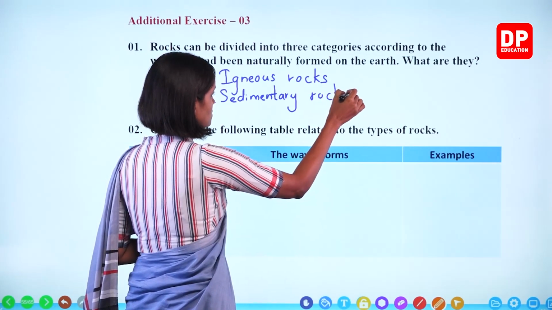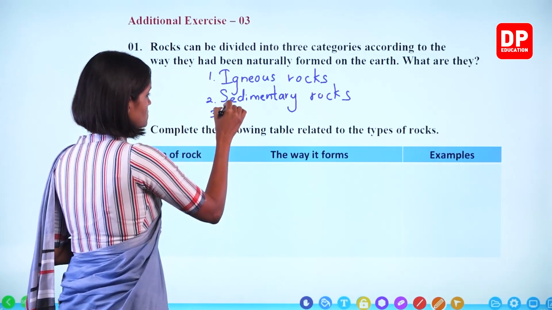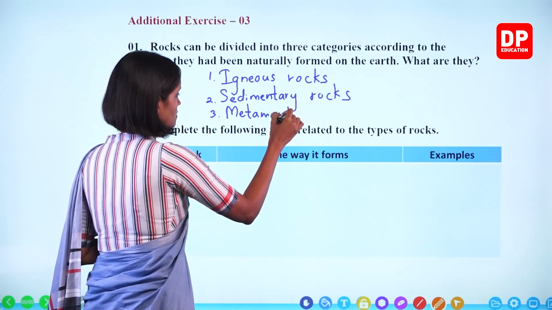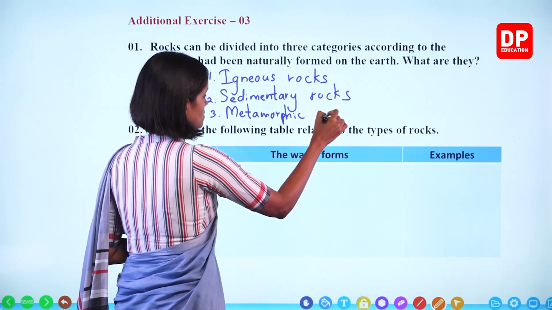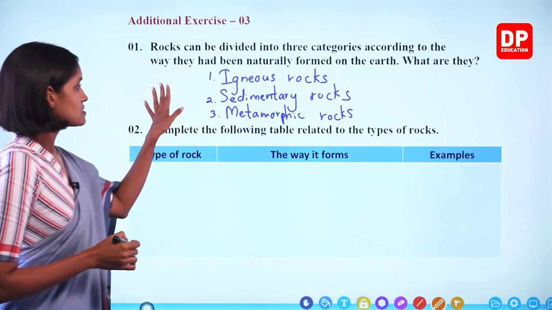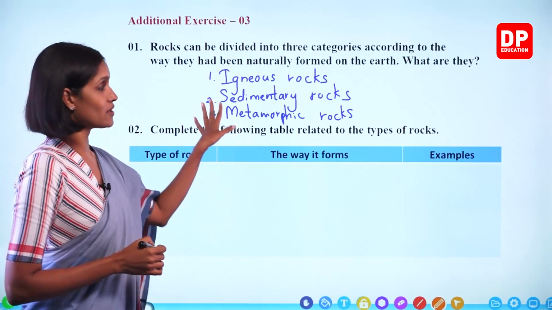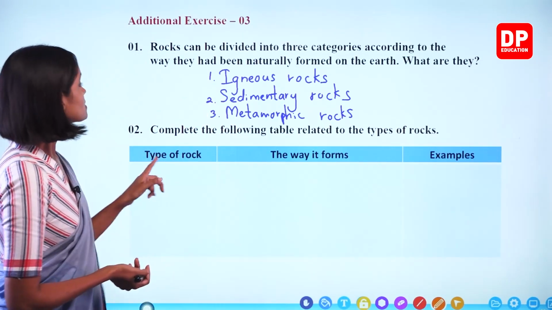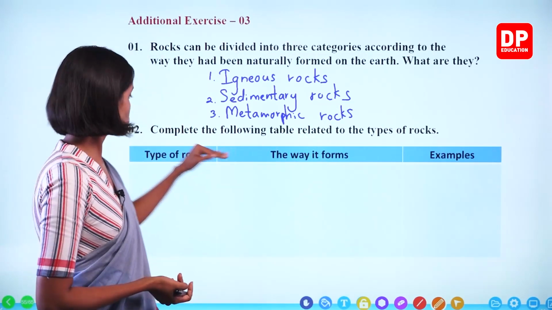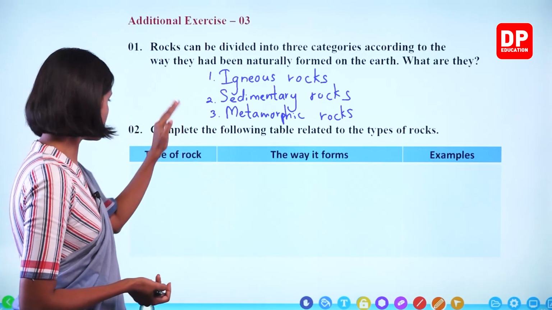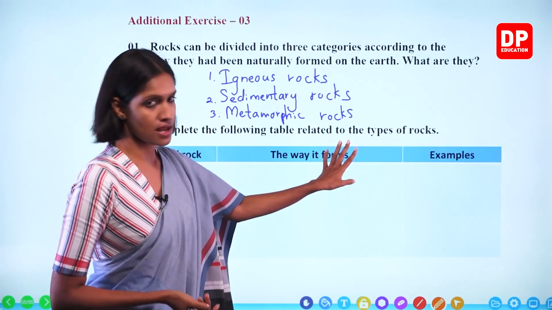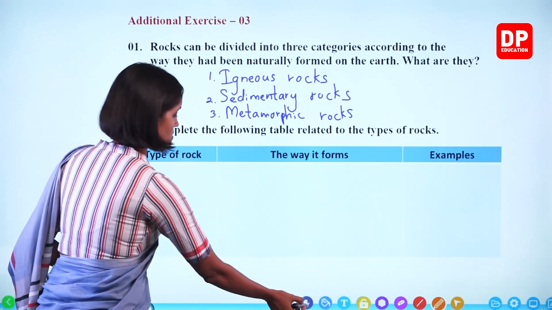And metamorphic rocks. Okay? Igneous, sedimentary and metamorphic rocks are the 3 types of rocks. Complete the following table related to the types of rocks. Okay? So you have to write the type of the rock and then the way it forms and examples. Okay? Let's write this.